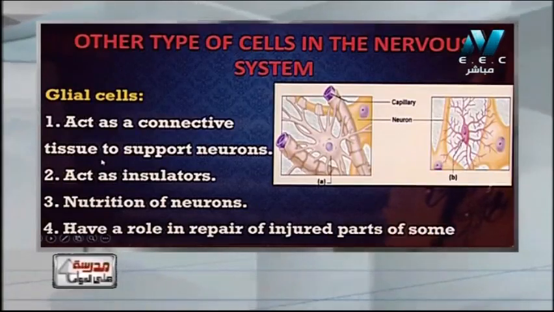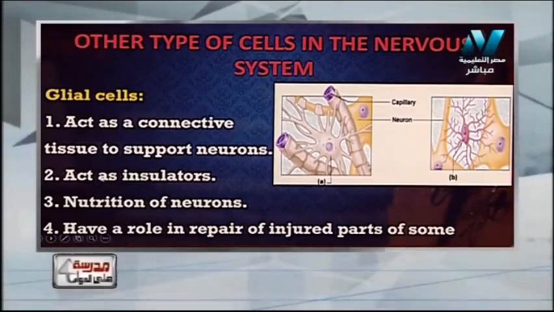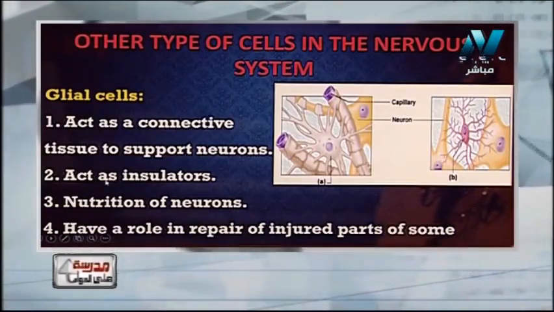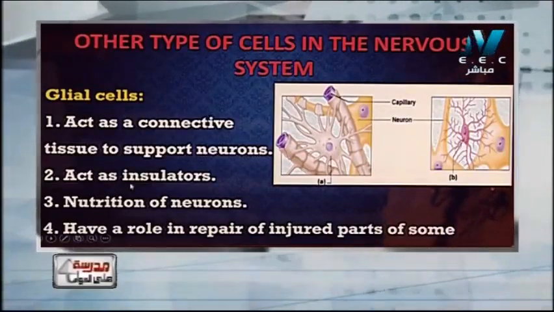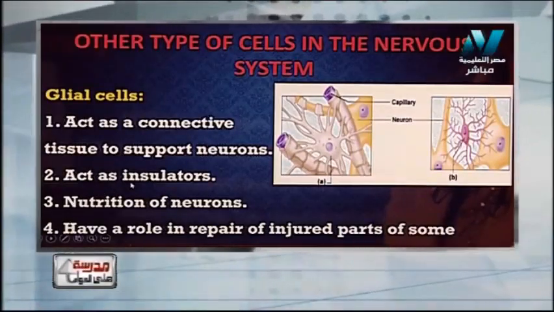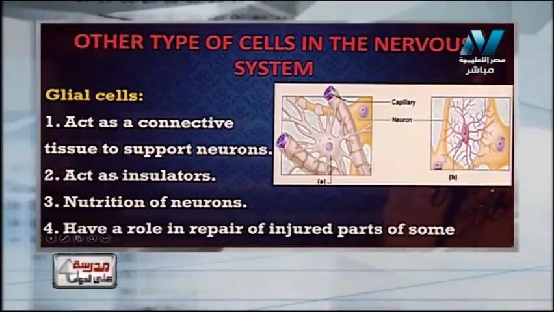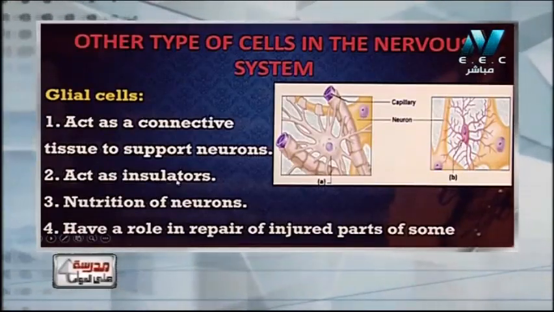They act as insulators, and also they carry out different vital activities to provide the nutrition for the neurons, and also the neuroglia or glial cells have a role in repairing the injured parts of the neurons.